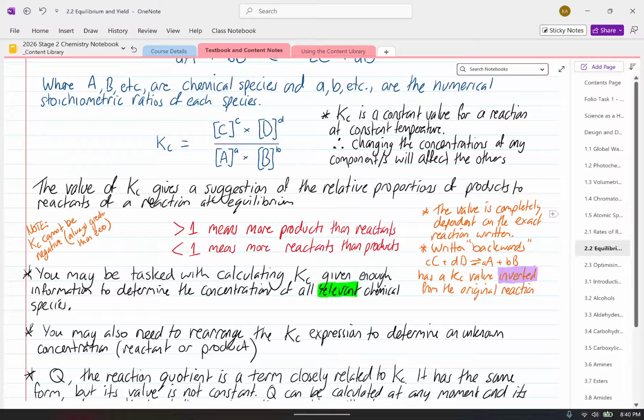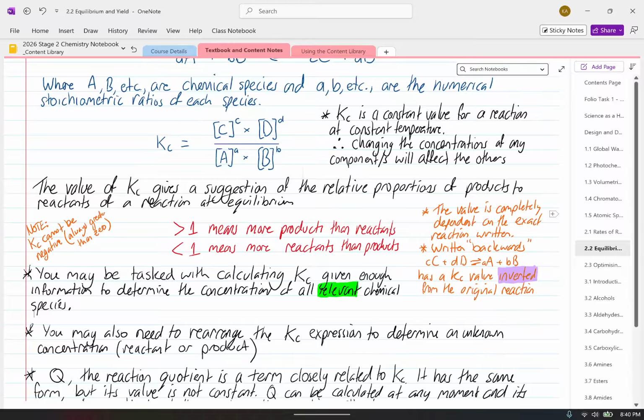So if it's a really small number, as in close to 0 or much less than 1, that means our denominator, our reactants, is a much larger number than our products at the top. Conversely, if we have a very large number, that means our numerator at the top is much larger than our denominator, and so our product concentrations at equilibrium will be much higher than our reactant concentrations at equilibrium.